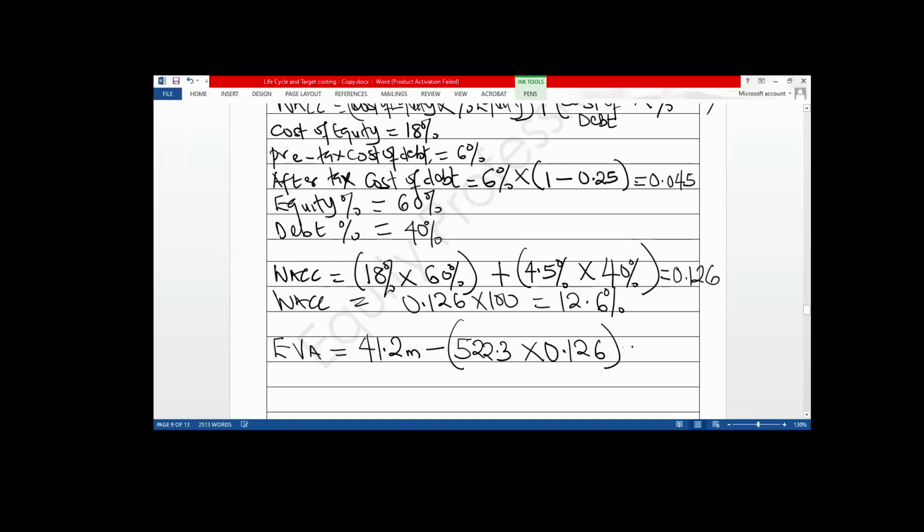Please compute. What is the economic value added generated by this company?